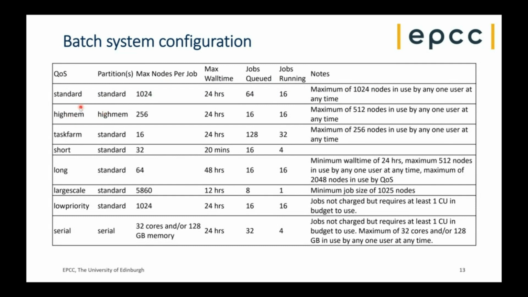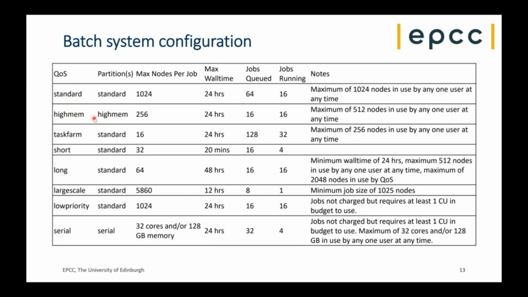There are a couple of variations on that. This standard queue runs across the whole system, and you can get nodes in there which are standard memory nodes, i.e. 256 gigabytes per node, or you can get nodes which are 512 gigabytes per node. And if you don't specify, you just get whatever comes. If you remember, I said earlier on, there are 300 high memory nodes with 512 gigabytes, and the rest have 256 gigabytes.